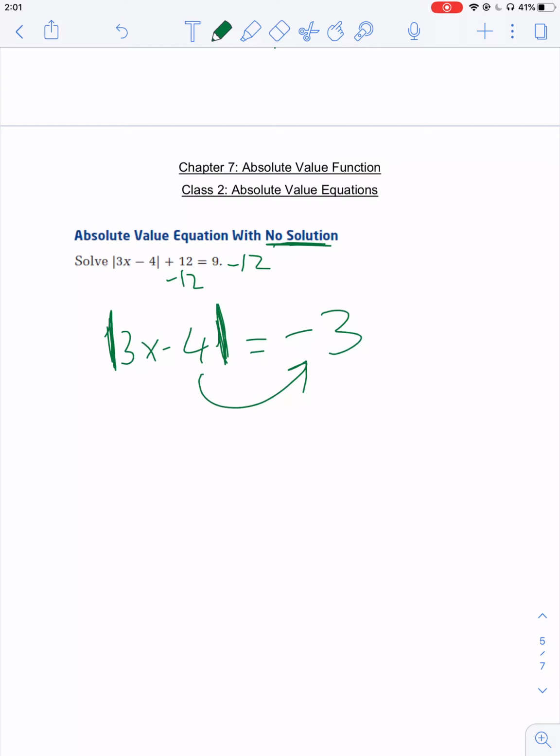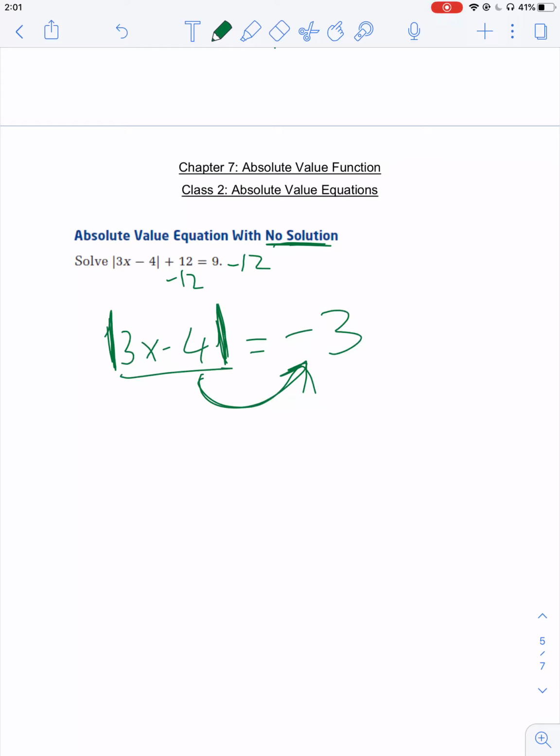It cannot be negative, okay? So in this case, you have an absolute value equal to a negative number. That makes no sense, because by definition, what absolute value does is change the number into a positive number.